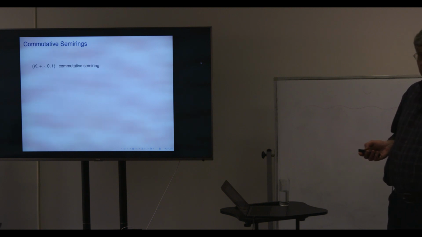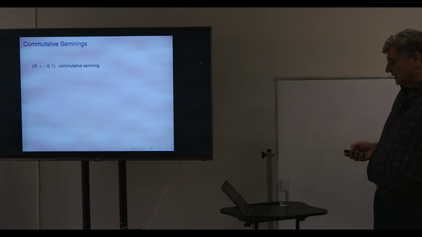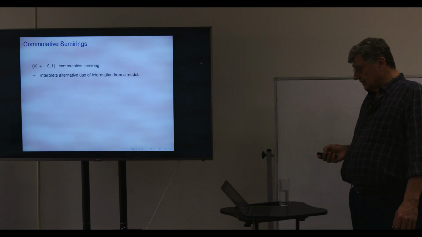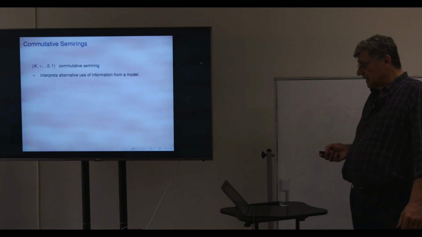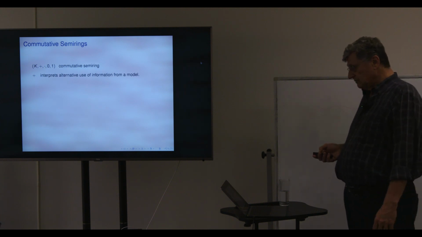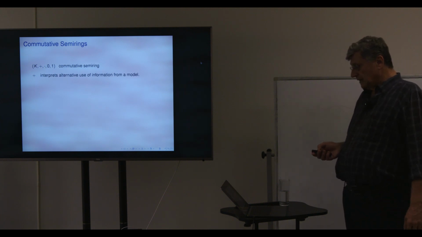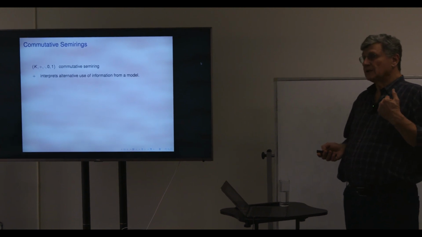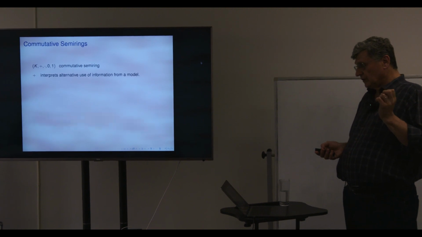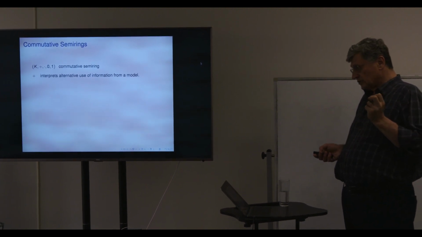So just to fix the terminology, what do I mean by a commutative semiring? A semiring has plus as the additive monoid, and times as the multiplicative monoid. And for us, the plus and times correspond intuitively to the following notions about the use of information.